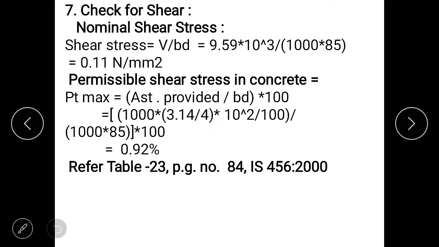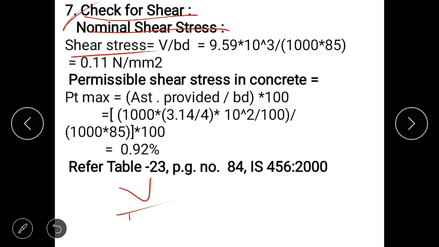Okay, now the second step, step 7: we have to check for shear. In shear we have to check whether our slab is safe or not. So we have to find the nominal shear stress. The formula to find nominal shear stress is V divided by BD.